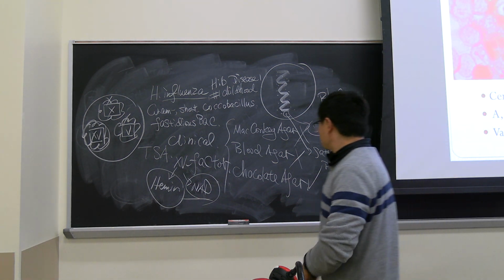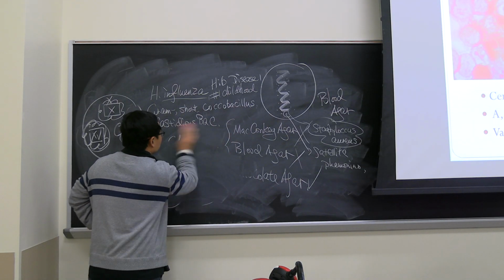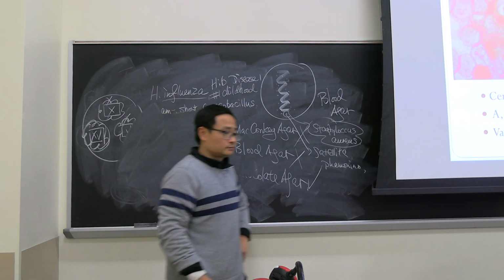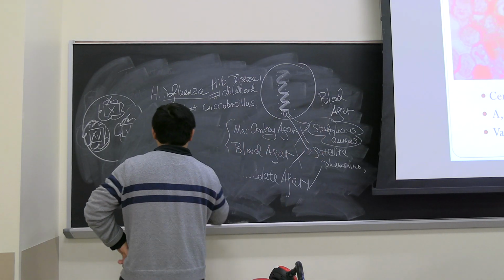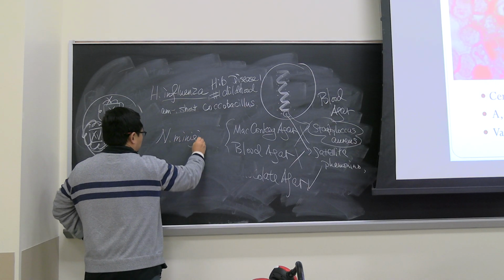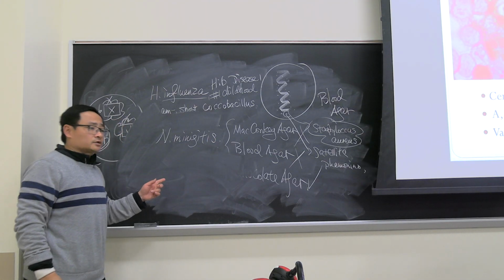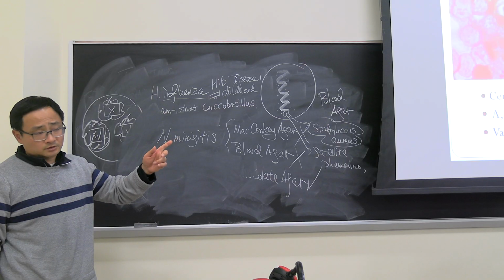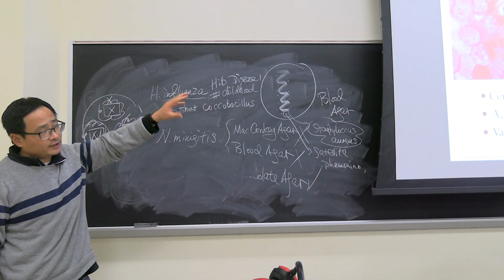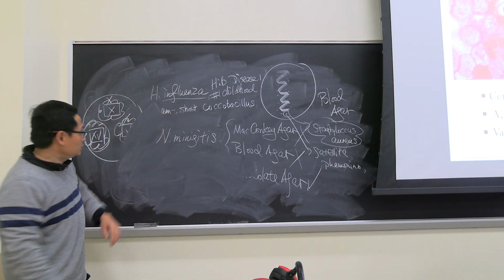Neisseria meningitidis. This is the second one we want to talk about. A little different. Neisseria meningitidis is pretty obvious. Look at those pictures. You have a white blood cell surrounded by them. Those colonies look like this.